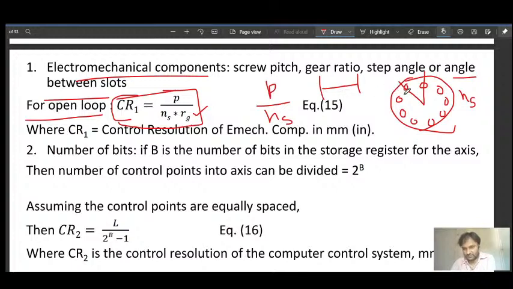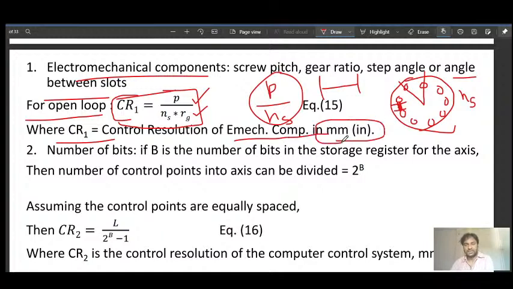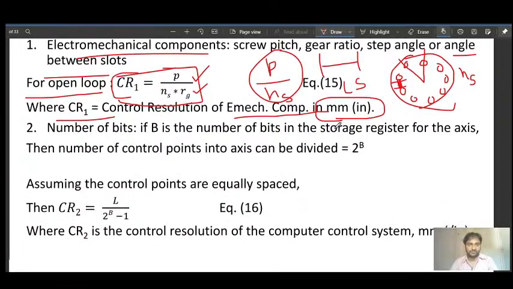Sometimes the lead screw stops here or near to here or in between. That is the maximum possible error we are discussing. So for closed loop it is P by NS, and for open loop P by NS into RG. CR1, control resolution 1, is given for electromechanical components in mm, as we are talking about a lead screw positioning system.